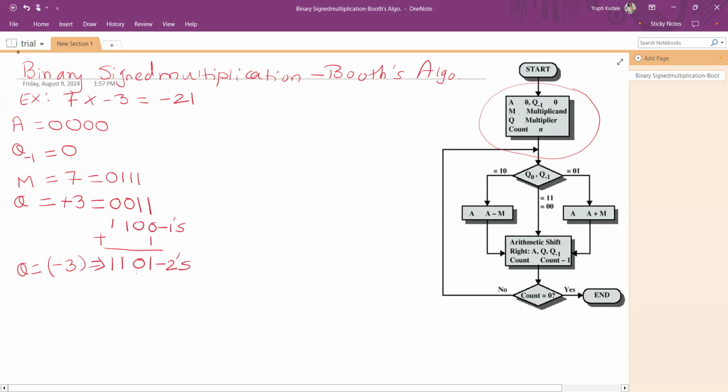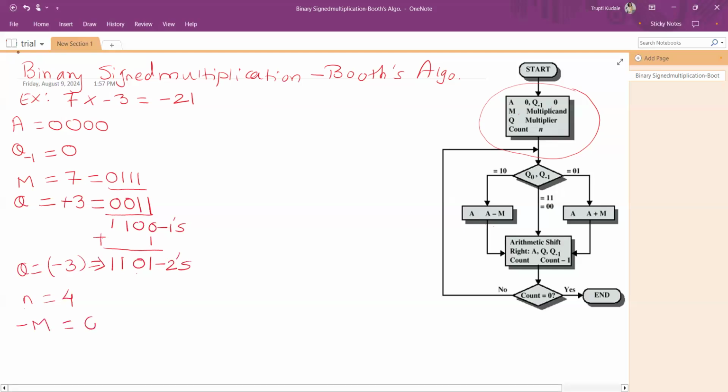After this, count n. Now what is count n? Count n is equal to 4, the number of bits required to represent M and Q. So 4 bits are sufficient to represent your multiplicand and multiplier. At the same time, we are also going to write minus M, because we will use minus M for the addition in the algorithm.